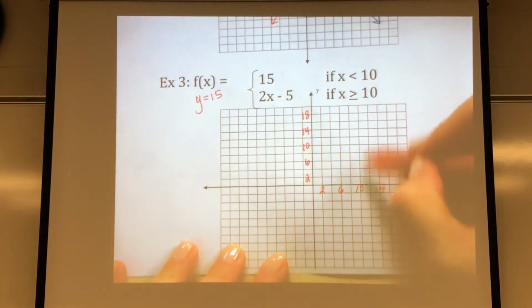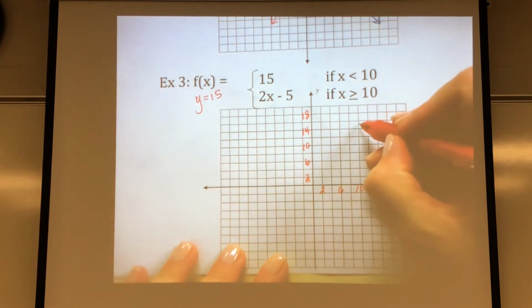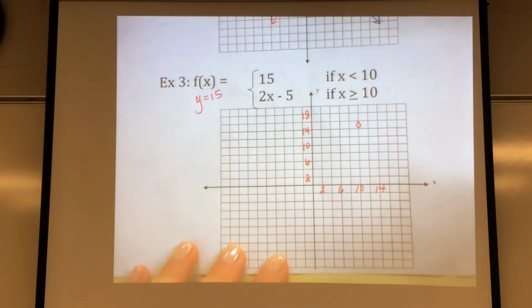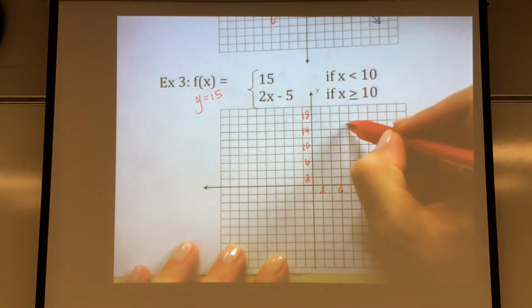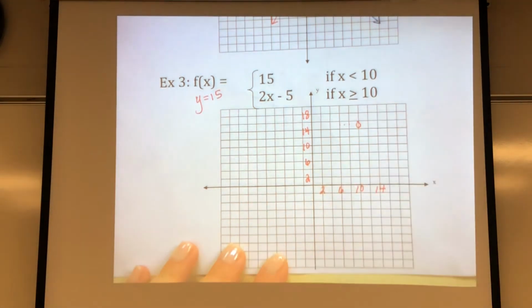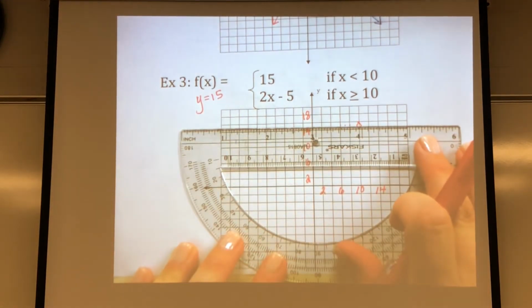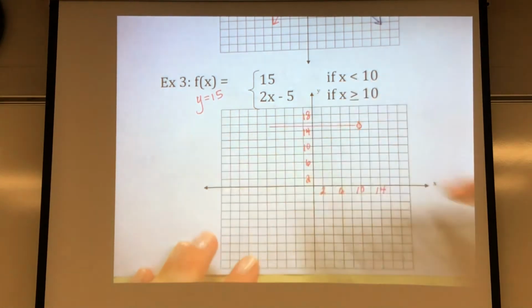So when we go to 10, we're going to have the point 10, 15, and it's not an equal to sign, so it's going to be an open circle. And then everything less than that is going to be 15. So 8's going to be 15, 7's going to be 15, all of these are going to be 15. So we are drawing a horizontal line heading to the left at 15.